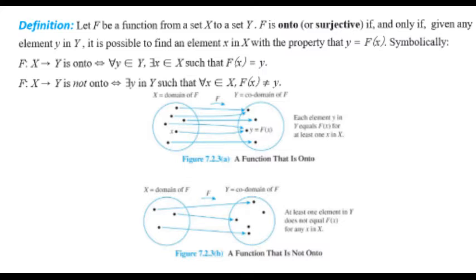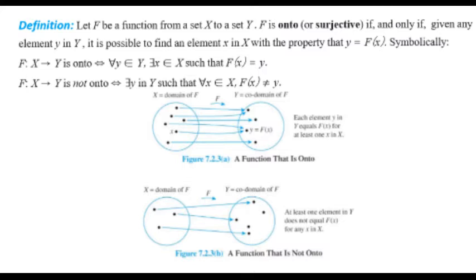So let f be a function from domain X to codomain Y. Based on this assumption, we call f onto if and only if, given any element Y in the codomain Y, it is possible to find an element X in the domain with the property that Y is equal to f of X. This means X is mapped to Y by the function f.